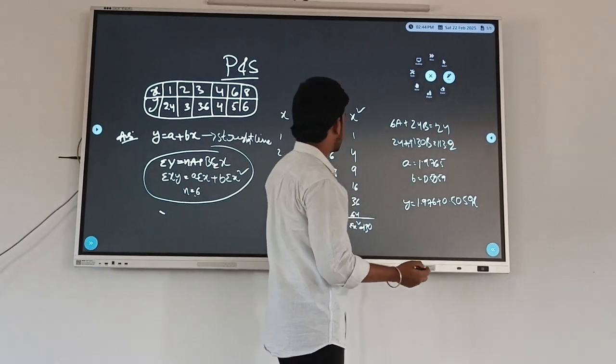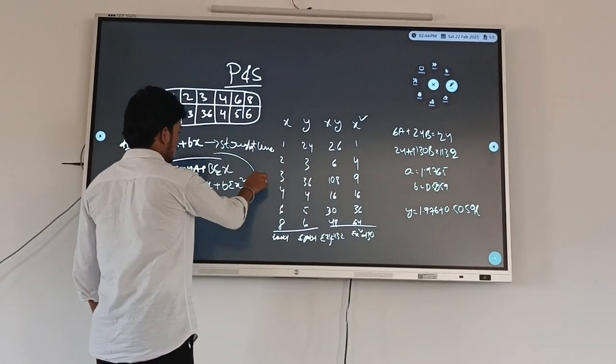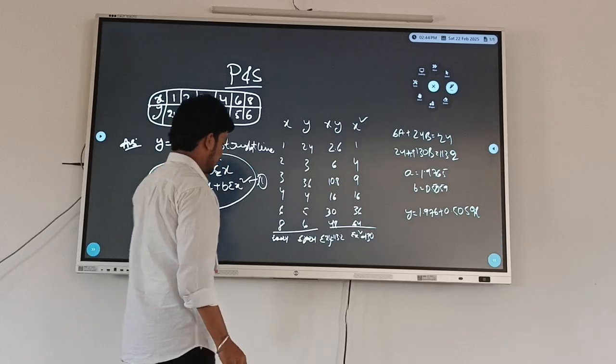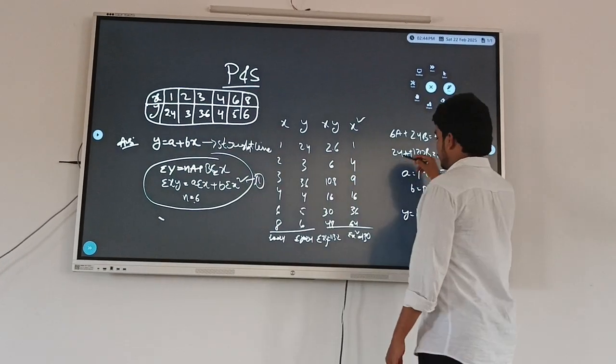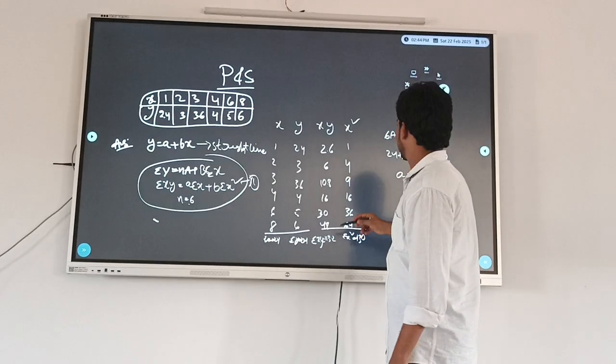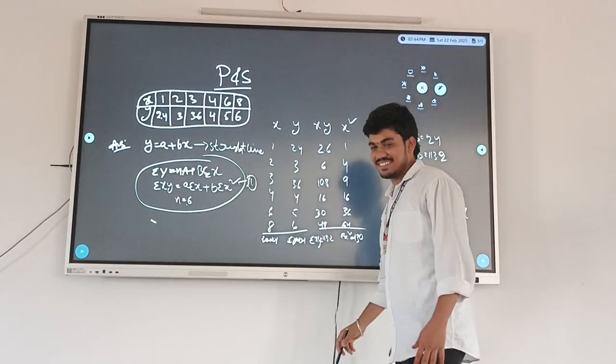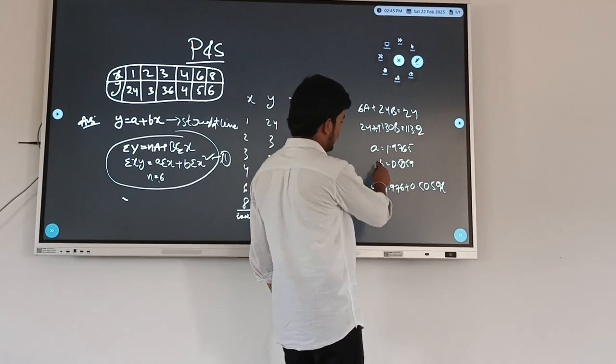Now substitute in the formula for equation 1, Σy = na + bΣx. You find the value of a or b.